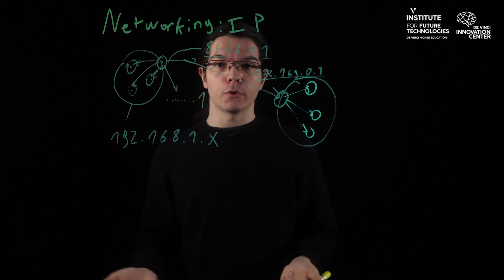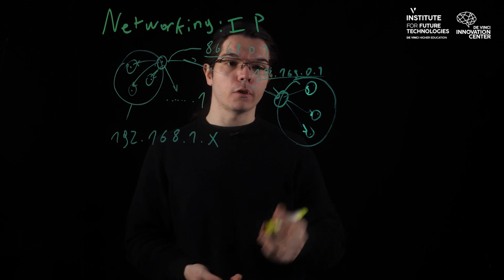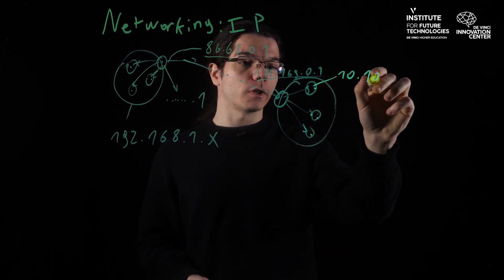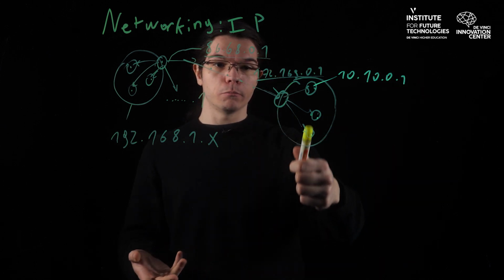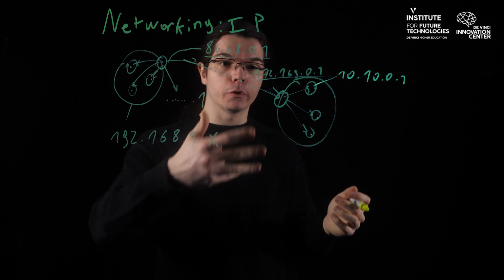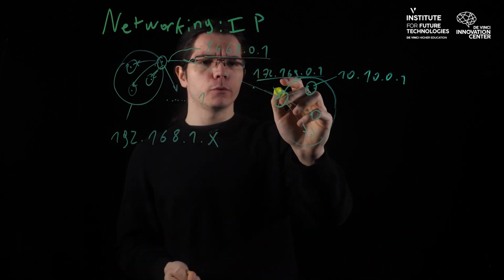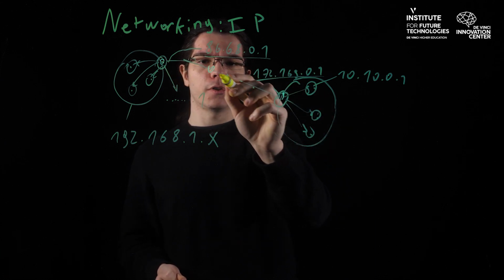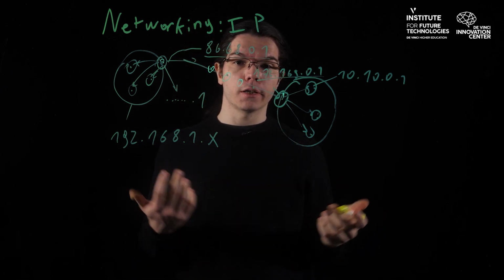Or if you want to access your photos on Google Drive, your photos can be on any of these servers, which can have a different IP address. Let's say this one has, for example, 10.10.0.1. Internally, your request is going to be forwarded to one of these servers. So now the question becomes, how do these servers know where your request should be forwarded when they receive it?